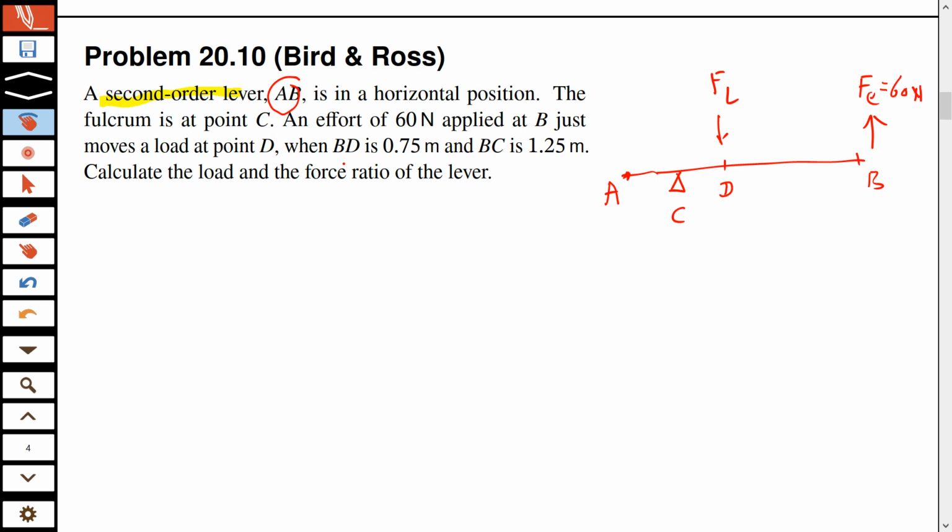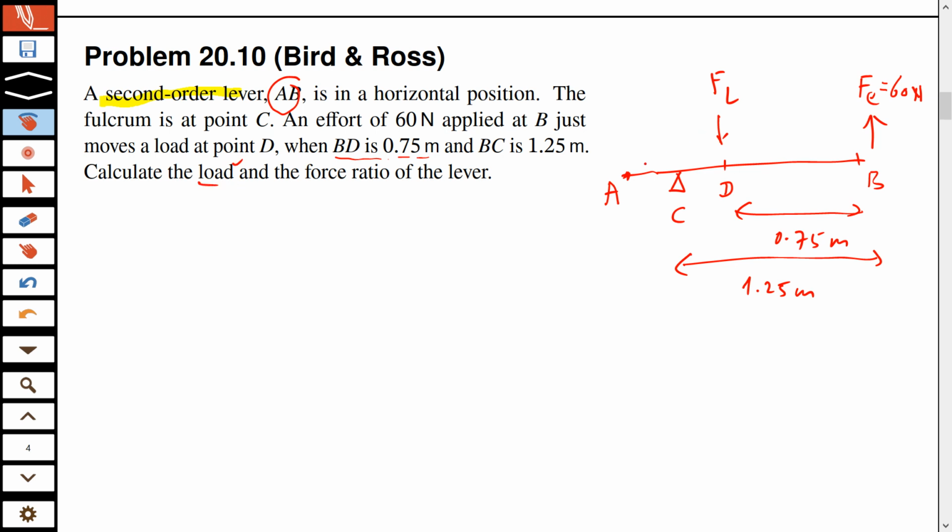Okay, what else is given to us? BD is 0.75 meters, and BC is 1.25 meters. So calculate the load and force ratio.